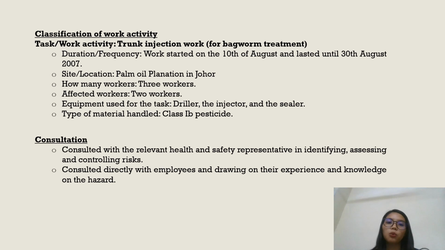We consulted with the relevant health and safety representative in identifying, assessing, and controlling risk. And next, we consulted directly with the employees, drawing on their experience and knowledge of the hazard.